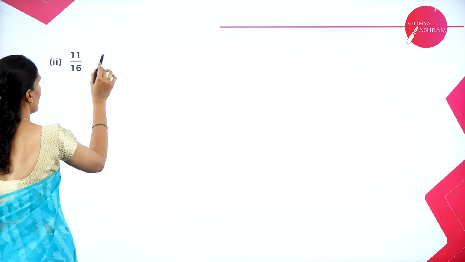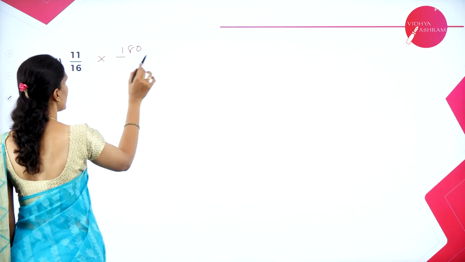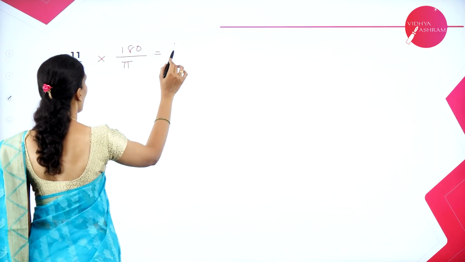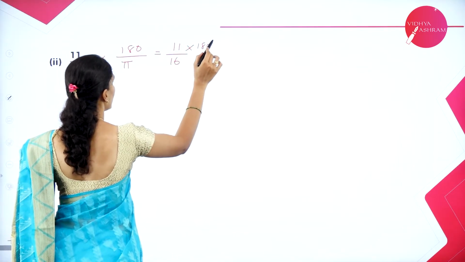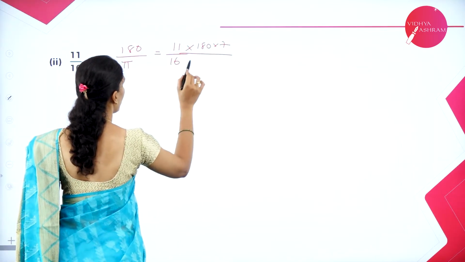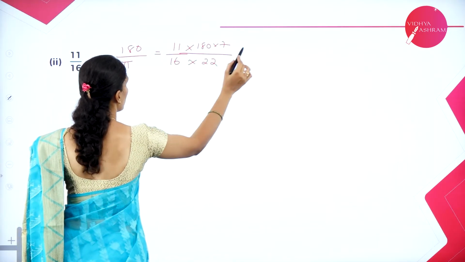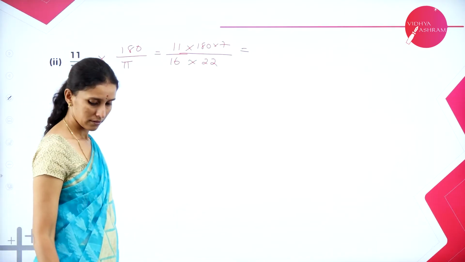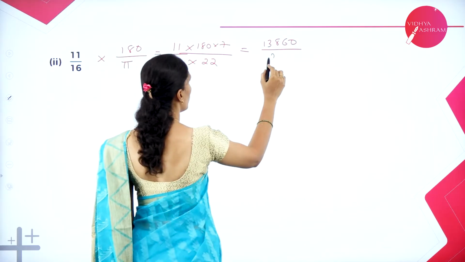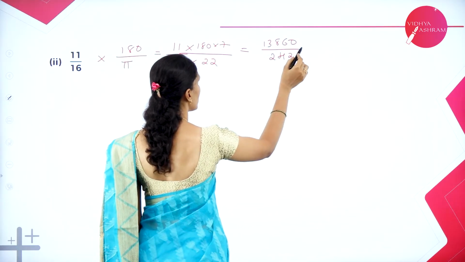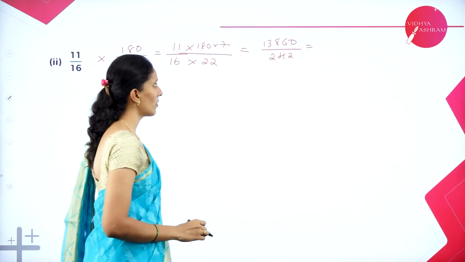Next we have 11 by 16 radians. Multiply it by 180 by pi, and the value of pi is 22 by 7, which is now 180 into 7 whole divided by 22. So this one you will get as 13,860 divided by 242. You convert this in the form of a mixed fraction.